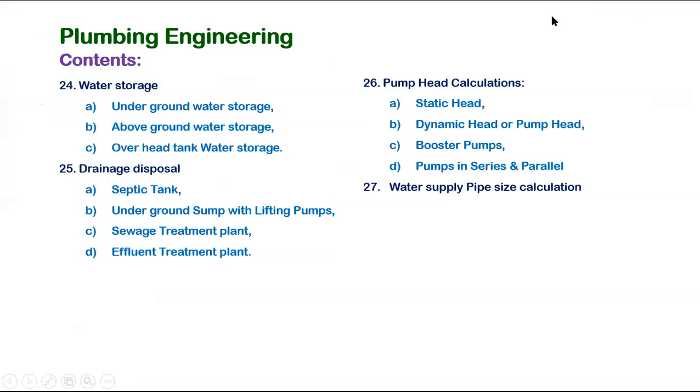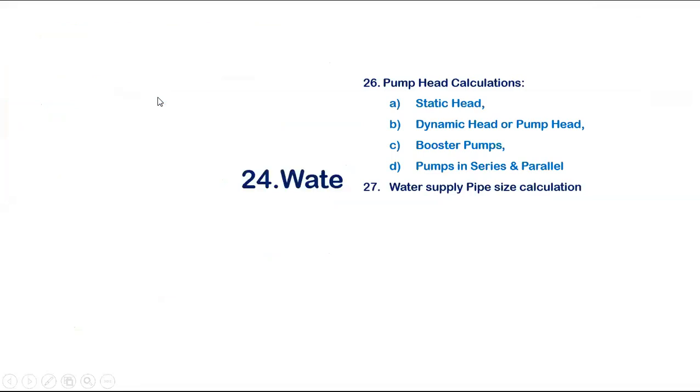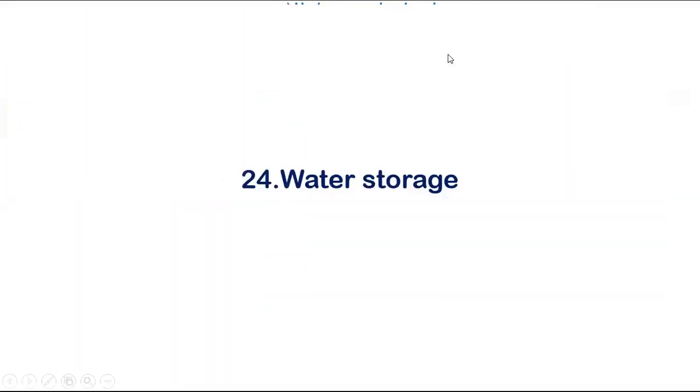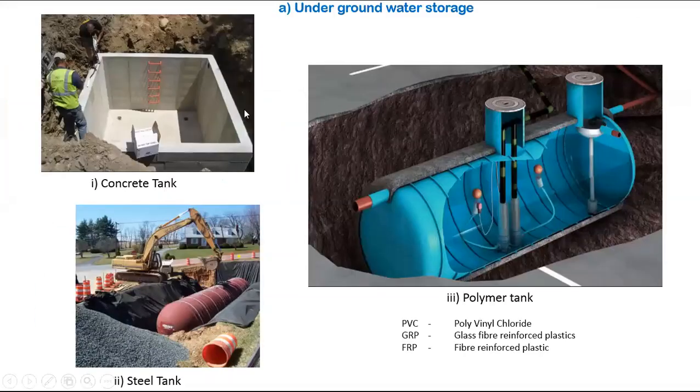Water storage, we will see in this. Water storage methods. What are the methods we are going to use to store the water? That only we are seeing. Underground concrete tank we are using for water storage purpose, concrete tank, steel tank, underground type, and the polymer tank.